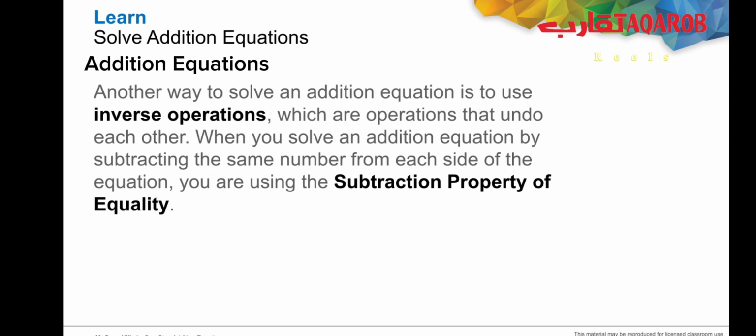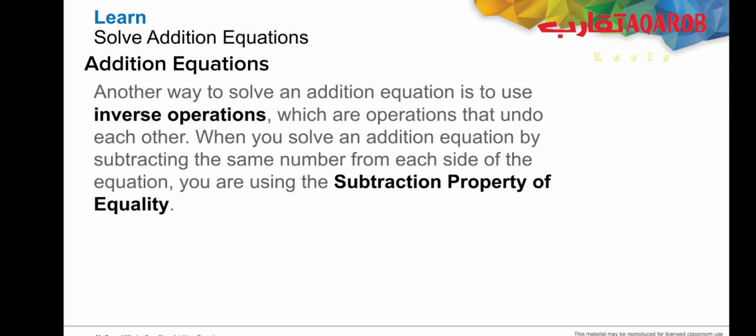For example, if the number 3 is added in an equation and I want to undo this addition, as if the number 3 never existed, I will subtract it, because if I have plus 3 and I say minus 3, I use the inverse operation. What's the inverse operation of addition? Subtraction.